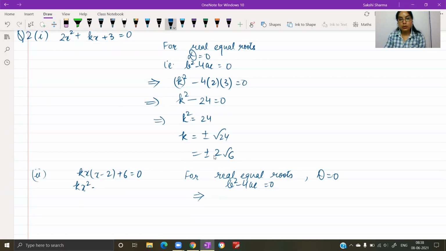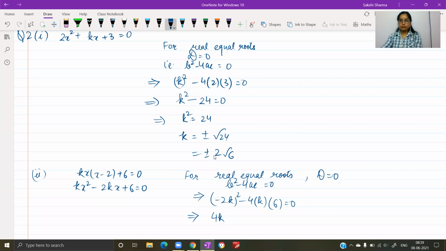We have kx square minus 2kx plus 6 equals to 0. Write down the values. Minus 2k squared minus 4 times k into 6 equals to 0. So this, I think, gives you a quadratic in k. This one is a quadratic in k.